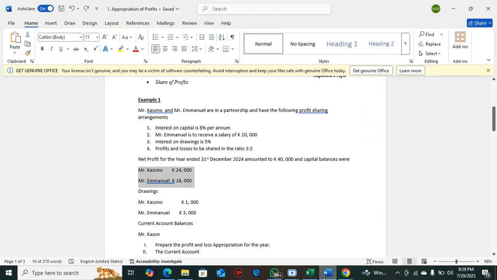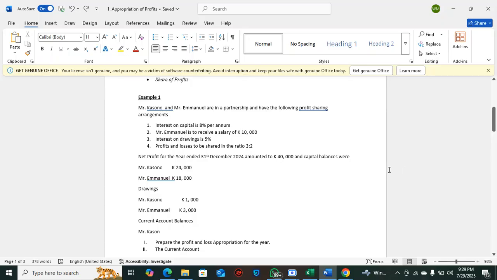So in the question, it says prepare the profit and loss appropriation for the year, and the current and capital accounts. First we start with the appropriation account.